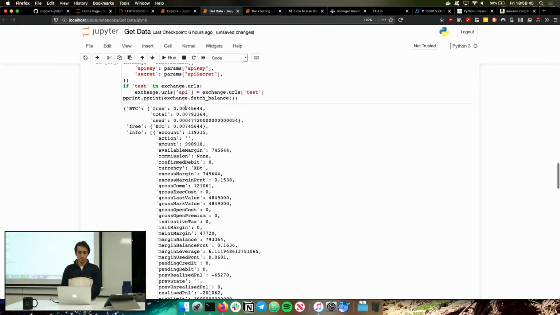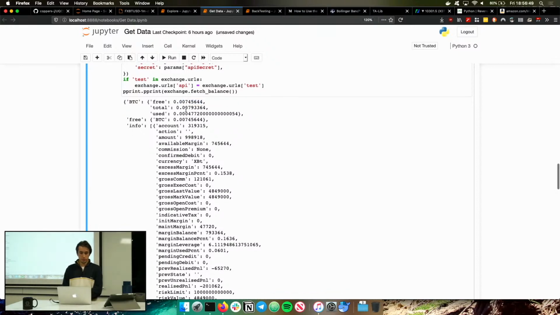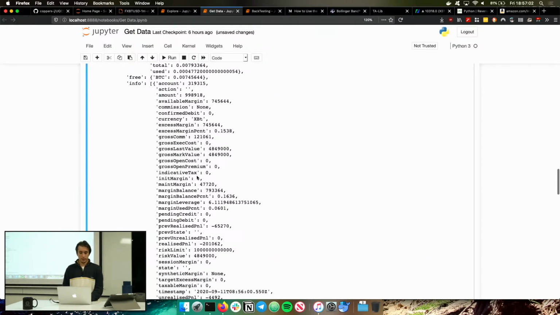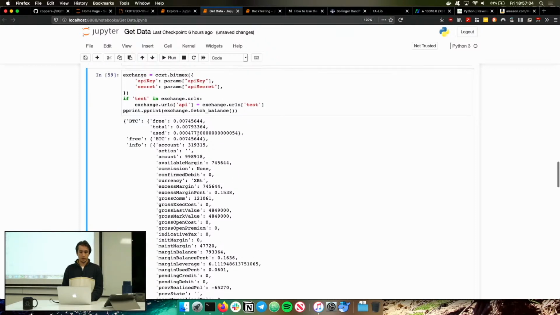At the moment we've got 0.0074 Bitcoin available. In total we've got 0.0079, which includes what's wrapped up in an open trade, in margin. So if we've got 100 times leverage, we only have to hold 1/100th of the value of the contracts bought in margin.